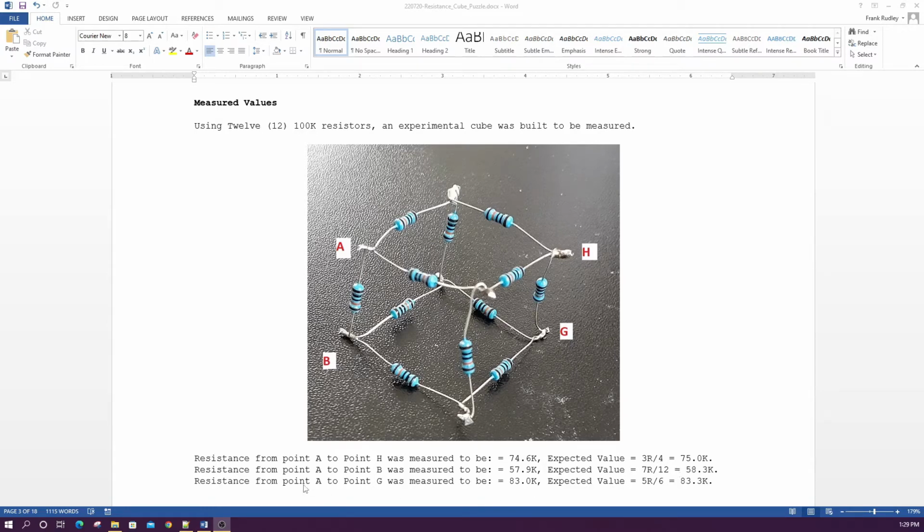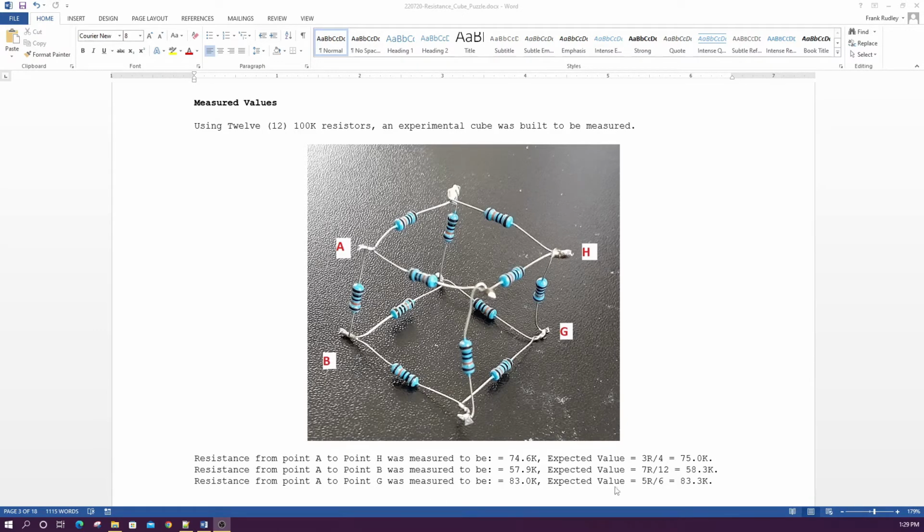So anyway, if we go from point A to B, I measured 57.9K on this device I built, and the expected value is 58.3K, which is very close. I'm only off again by 0.4K. Okay, so the last point in my example 3 was going from point A to G. From point A to G, I measured 83K.